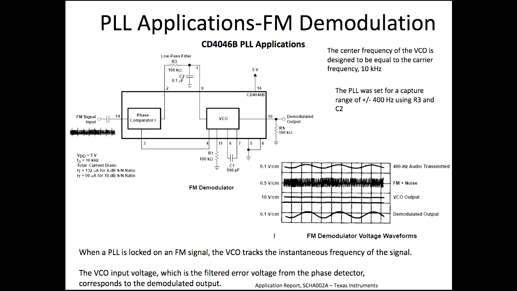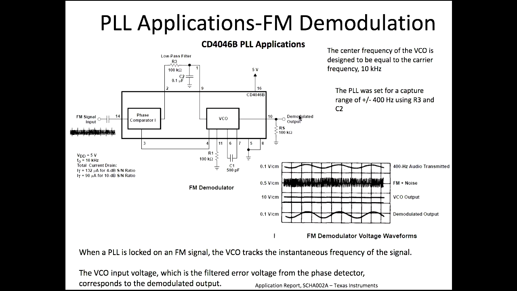So PLL applications, again frequency demodulation. CD4046B, that's a PLL. In the PLL, here you can connect the FM signal input, and then you can design your own low pass filter so that you can have some tunability, and here you can get the demodulator output.